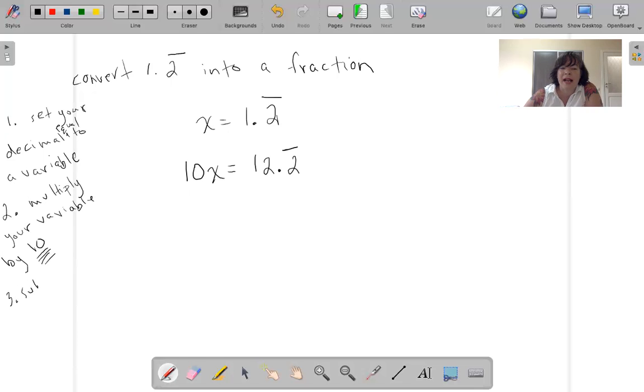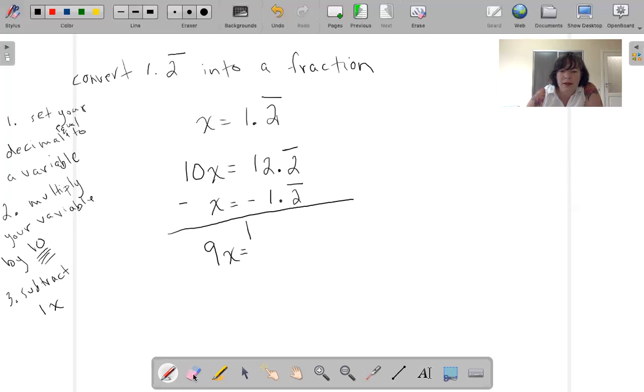Now what do we do? We subtract 1x, minus x, minus 1.2 repeating, because 1.2 repeating was our x. 10x minus 1x is 9x. 12 minus 1 is 11.